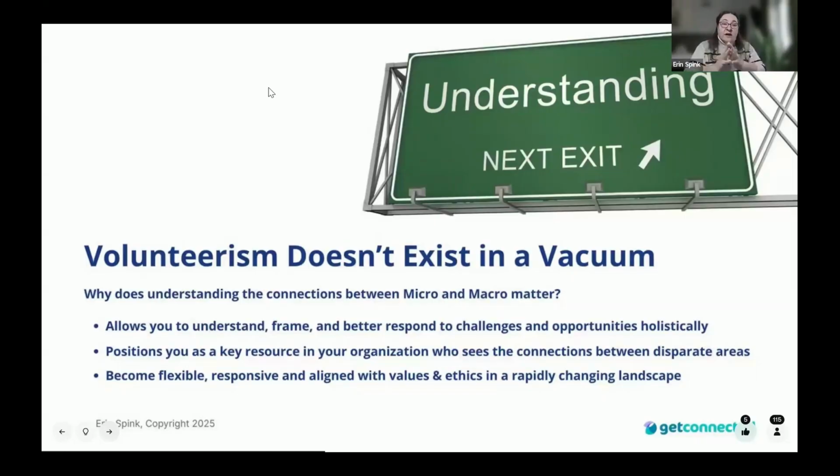It's because of the work that I do, because of the lenses that I see in a holistic fashion, I can say to them, hey, we're labeling people in this way, but that's not how volunteers and other constituents are actually understanding and relating to us as an organization. So I'm able to bring insights and input into things because my organization recognizes that I have this lens that very few other people in the organization have, and it is valuable. And you can have that lens too.